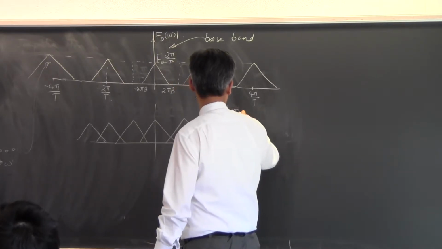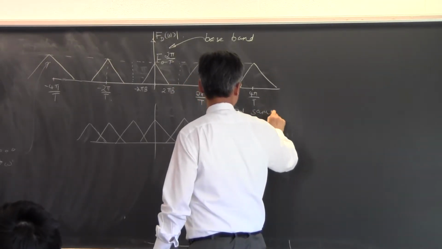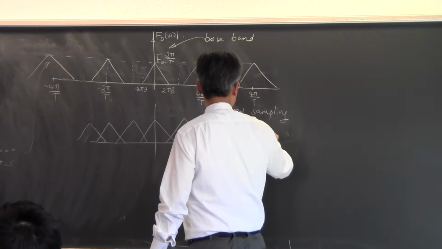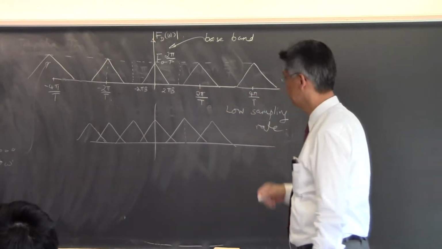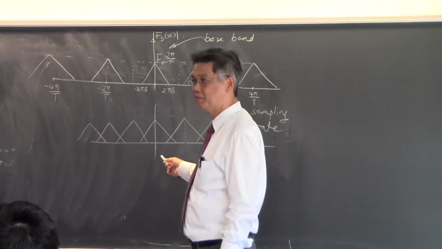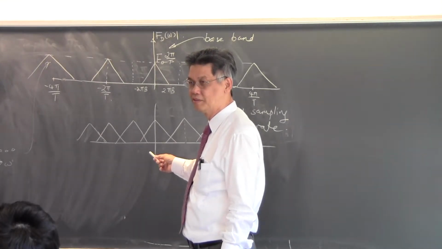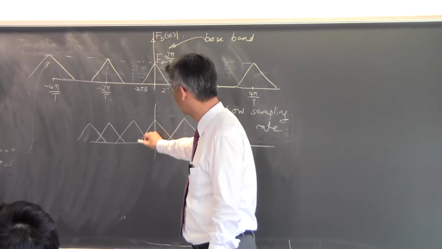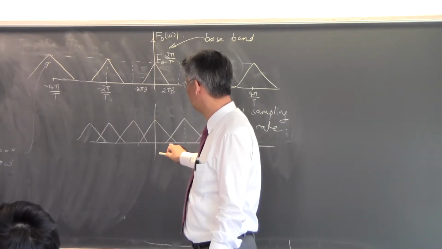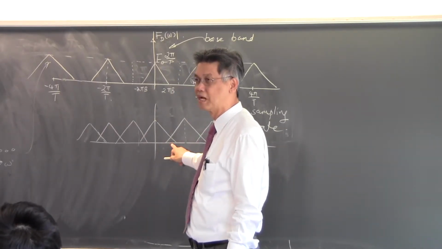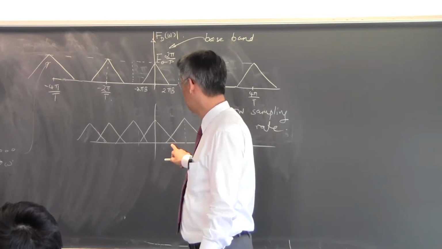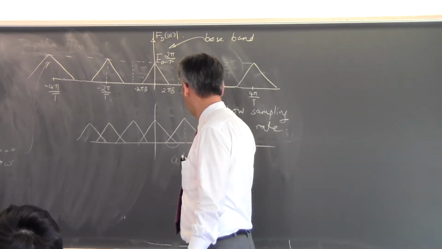This is the case of low sampling rate. And if you do a low pass filter, what happens? Can you pick up the original baseband? You cannot, you get corrupted. You pick up signals that you do not want in the original baseband. This effect is called aliasing.